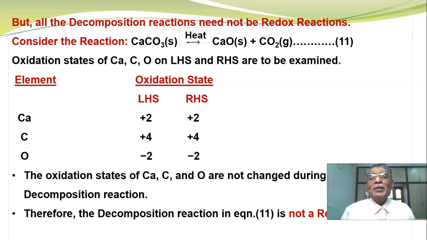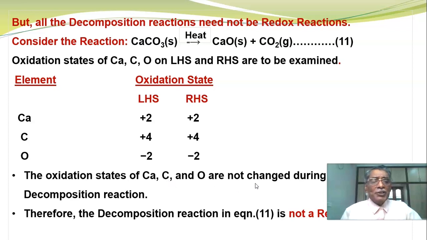But all the decomposition reactions need not be redox reactions. Consider the reaction CaCO3 upon heating gives rise to CaO + CO2. You consider the oxidation states of Ca, C and O, LHS and RHS. They are same.